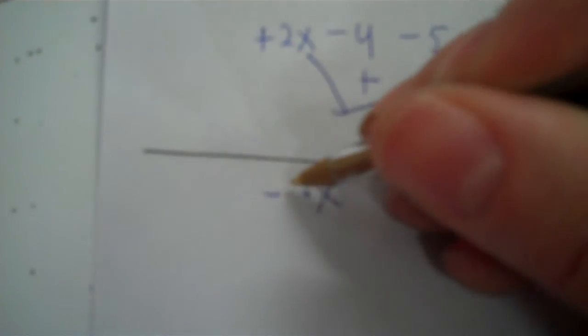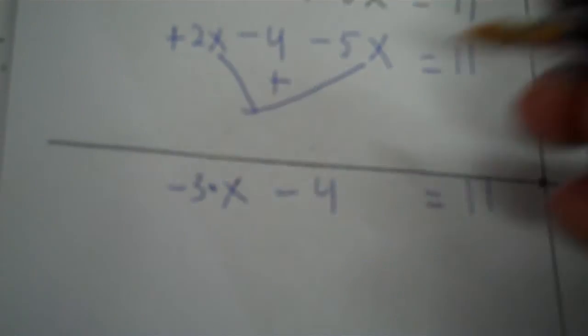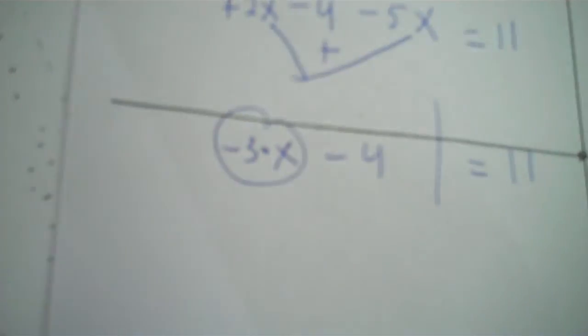So we're adding positive 2 and negative 5. So I go 2 plus negative 5. That would be negative 3. And then minus 4, and then 11. So we have the times and the minus. I get rid of the minus first with a plus 4, and I get rid of the times negative 3 with a divide by negative 3.